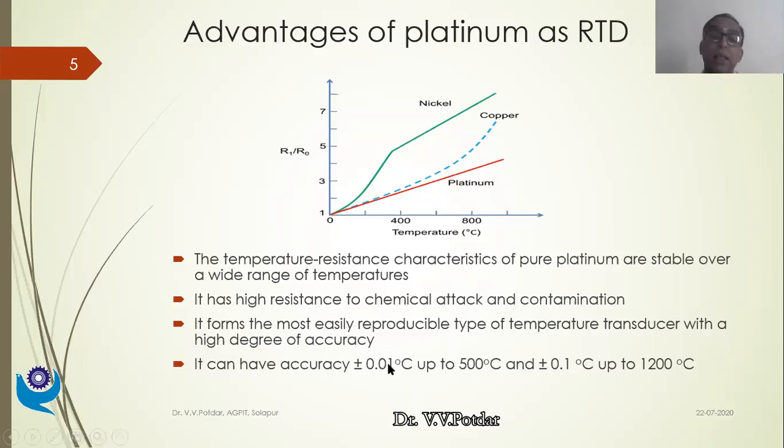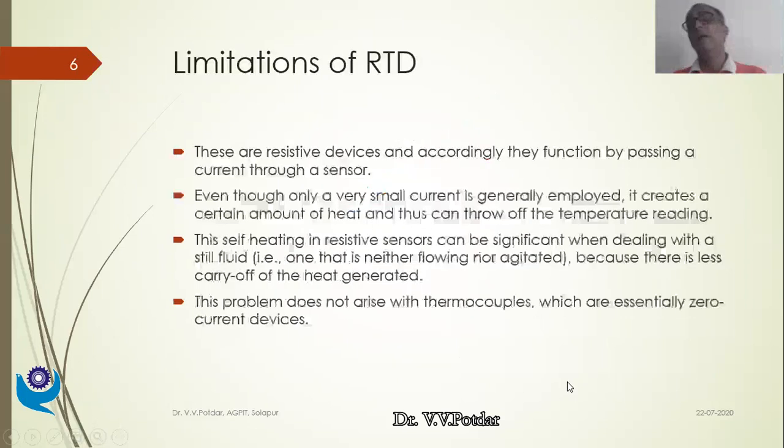So this is an inaccuracy to the tune of plus or minus 0.01 degree Celsius, and a bit higher inaccuracy for temperatures between 500 to 1200 degrees Celsius, plus or minus 0.1 degree Celsius. So depending upon my accuracy and precision requirements, I need to select the appropriate resistance temperature detector.